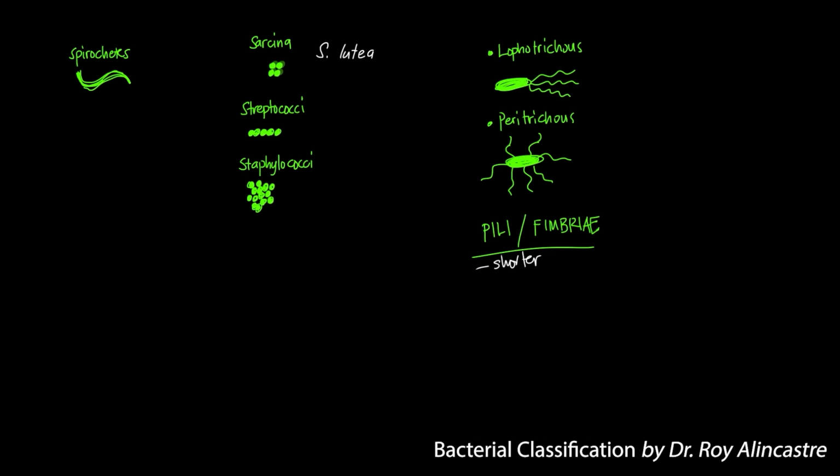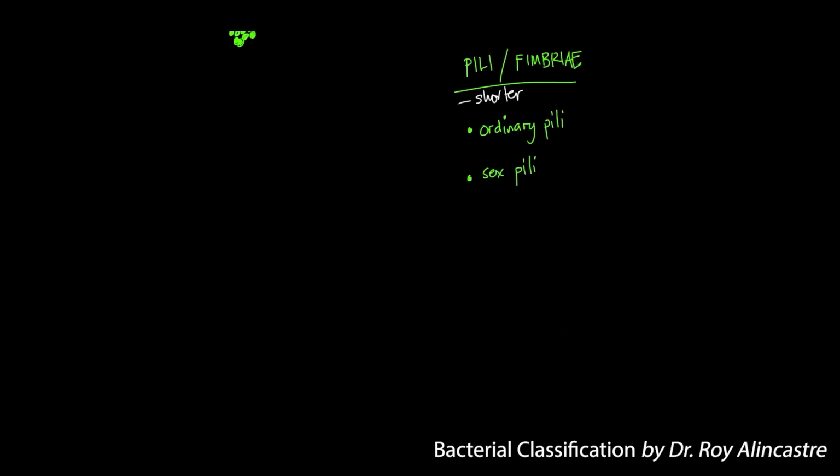There are actually two kinds of fimbriae or pili. The first one, the ordinary pili, are for attachment to host cells. So these are actually responsible for the virulence of some bacteria. And then the second kind is the sex pili, for attachment of donor and recipient cells in bacterial conjugation.